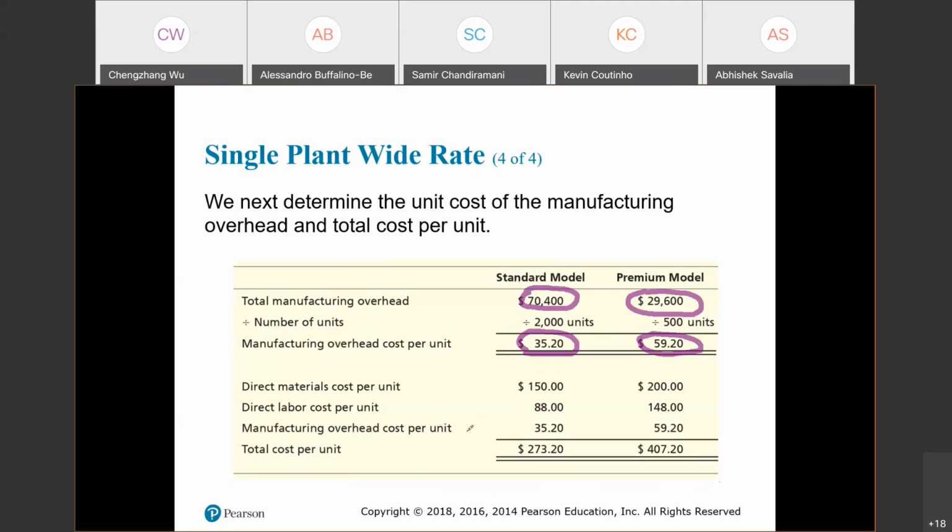And for manufacturing overhead cost per unit, we use the single plant-wide rate to calculate it. So finally, we get the total cost per unit.